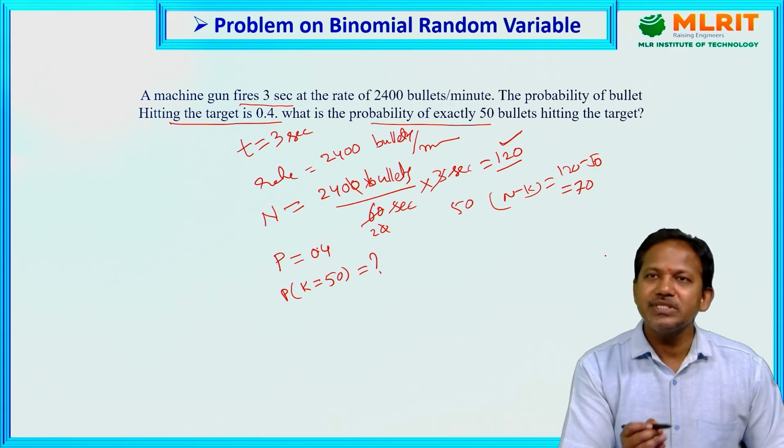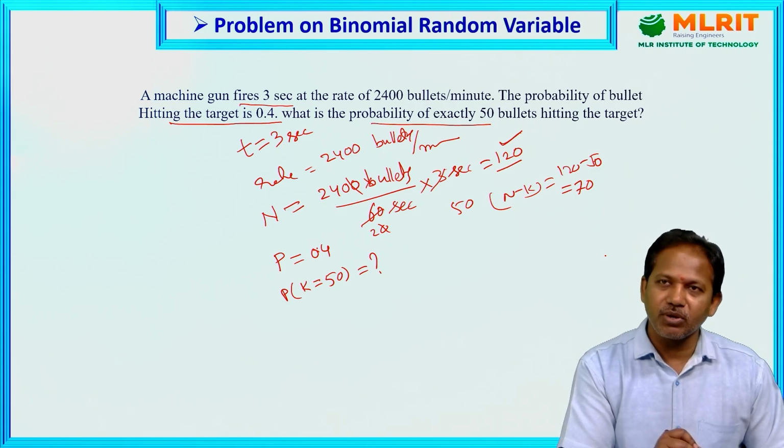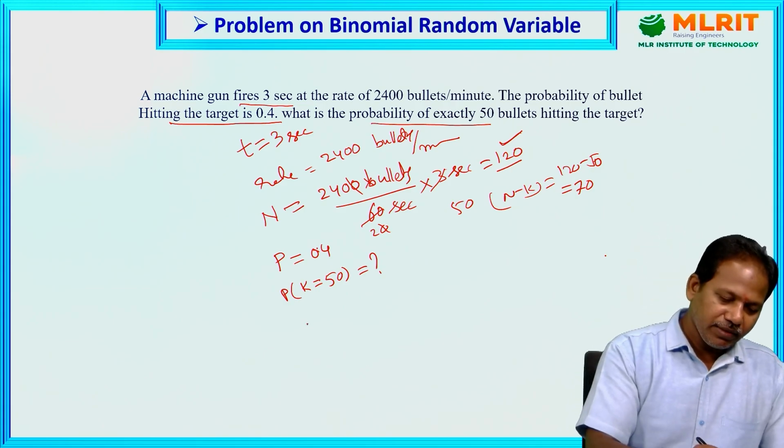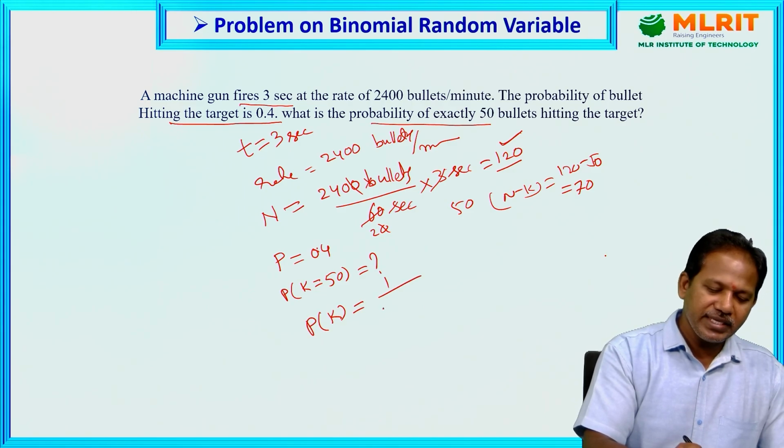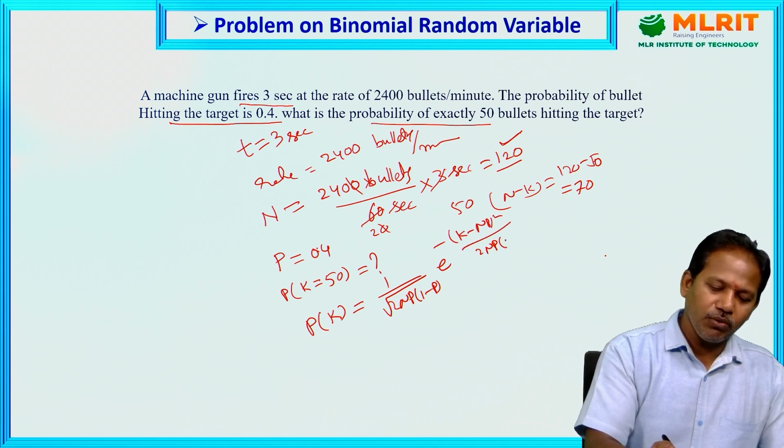Now, by using the de Moivre Laplace approximation, we can find the probability of event A occurring exactly k times, that is P of k equal to 1 by square root of 2 pi np into 1 minus p, into e power minus of k minus np whole square by 2 np into 1 minus p.